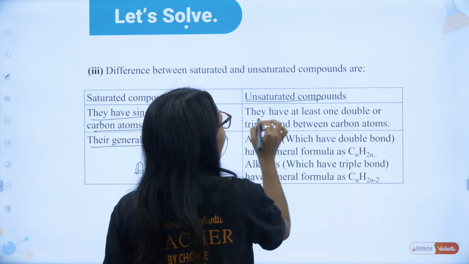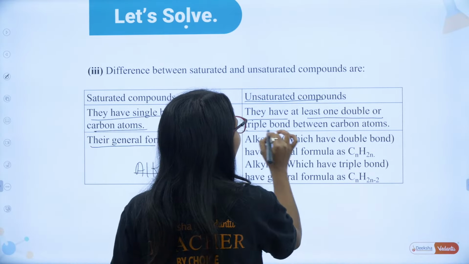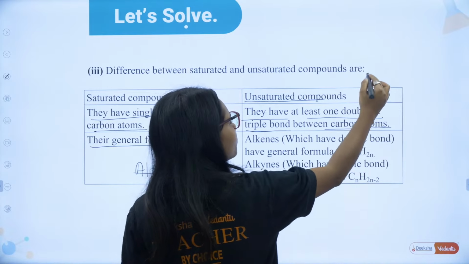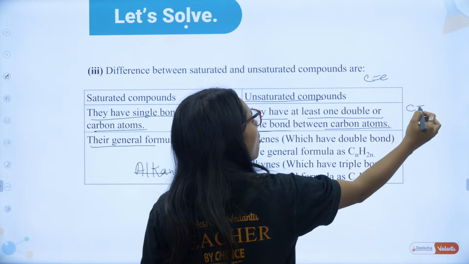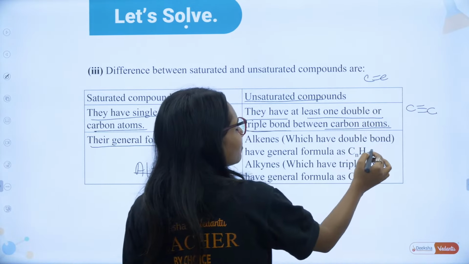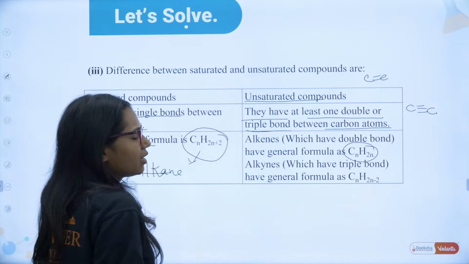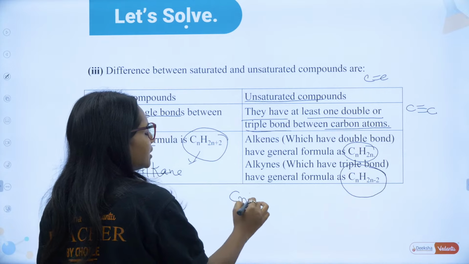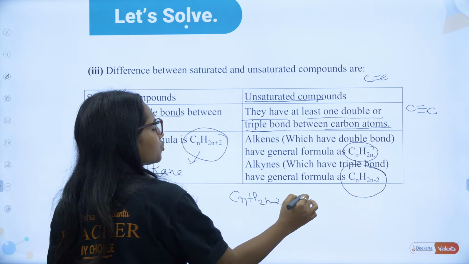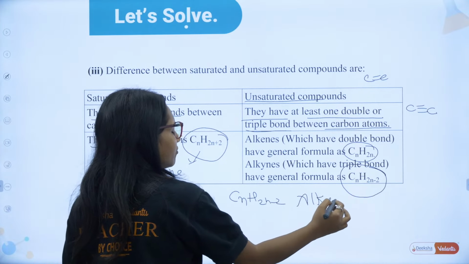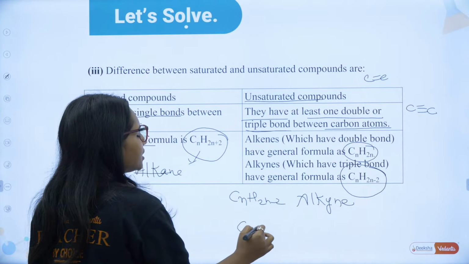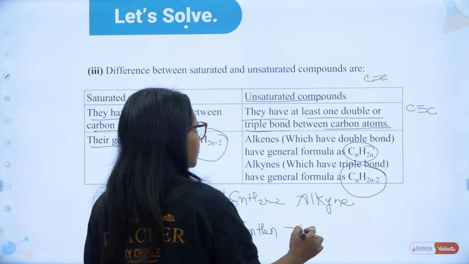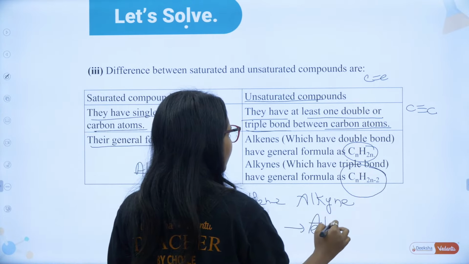Unsaturated compounds have at least one double bond or triple bond between carbon atoms. It means either ethene or ethyne. CnH2n minus 2 is the alkyne, and CnH2n is the alkene.